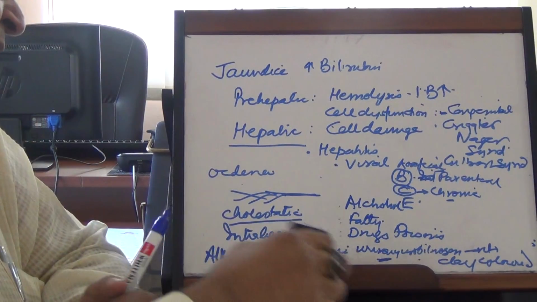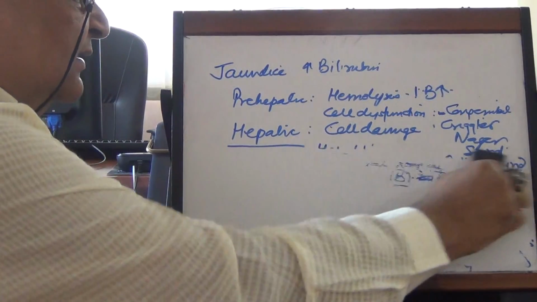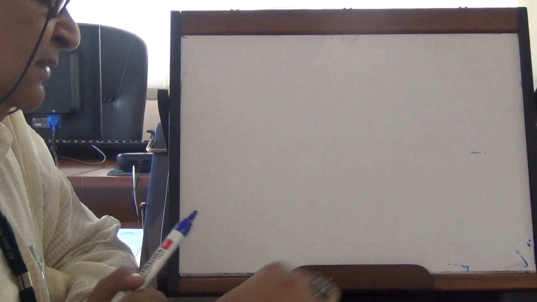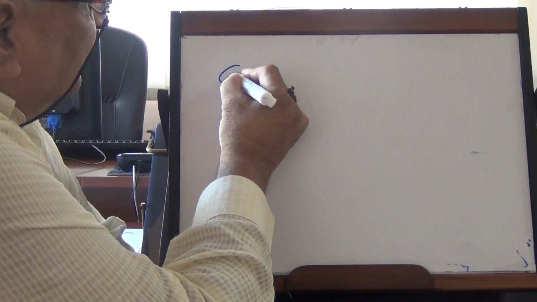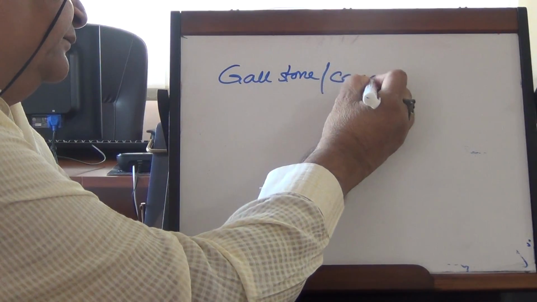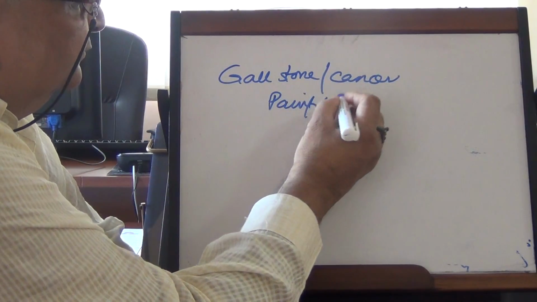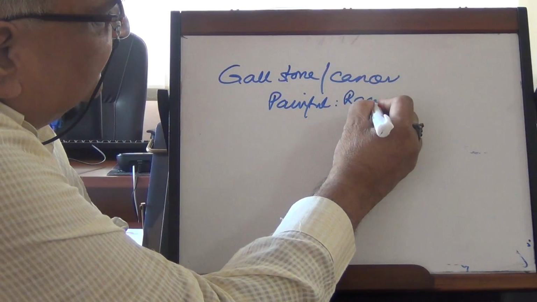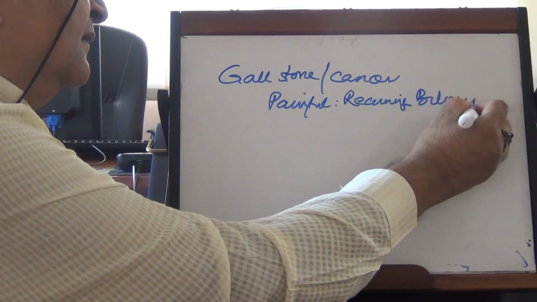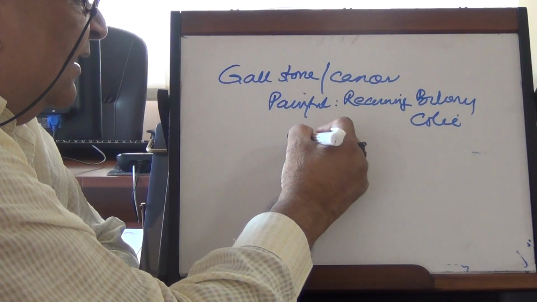And then of course there is a post-hepatic jaundice where the obstruction is in the biliary duct, and that post-hepatic jaundice is primarily because of two reasons: the gall stone or cancer, which is painful, recurring attacks of biliary colic with a gallbladder lump.